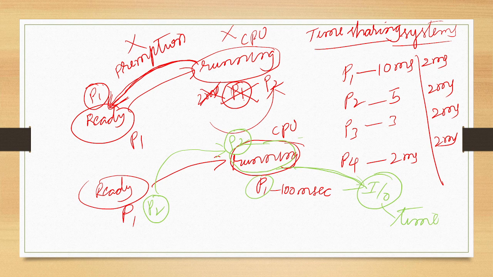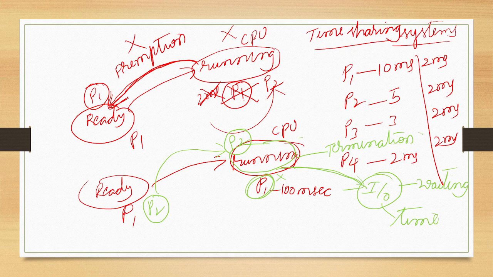That means we are not preempting, we are not removing the CPU from this process. We should not remove the CPU from process P1 unless it completes execution and goes to termination, or goes to waiting state because it needs some IO time.